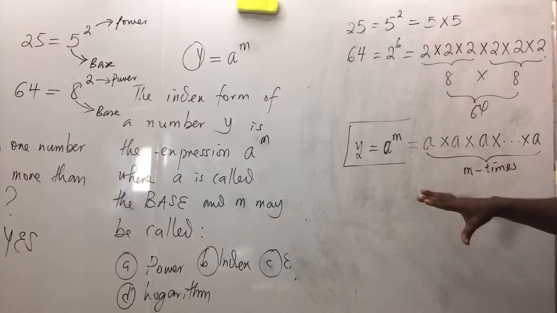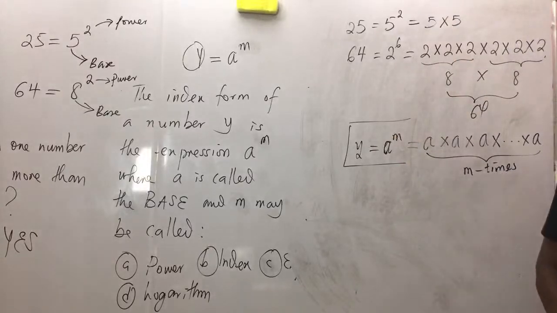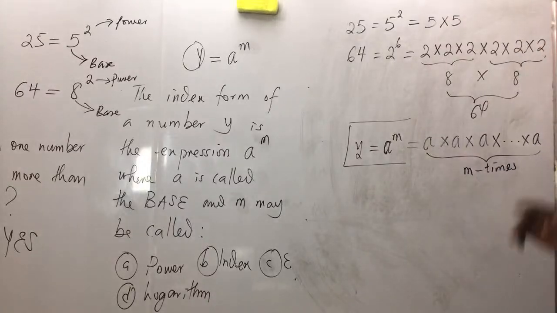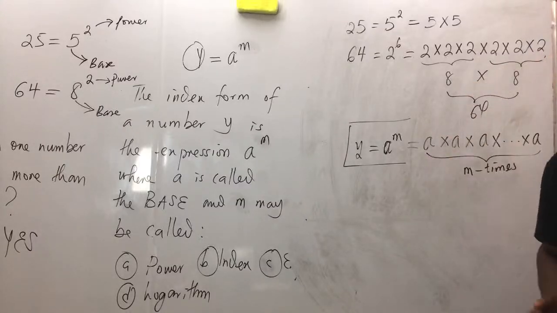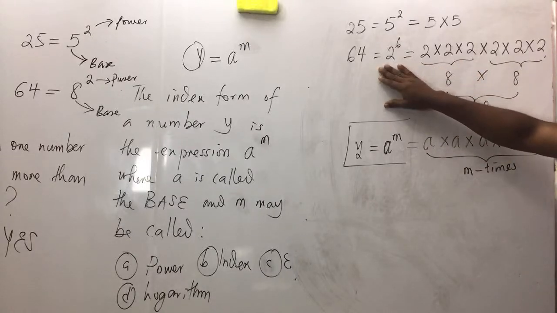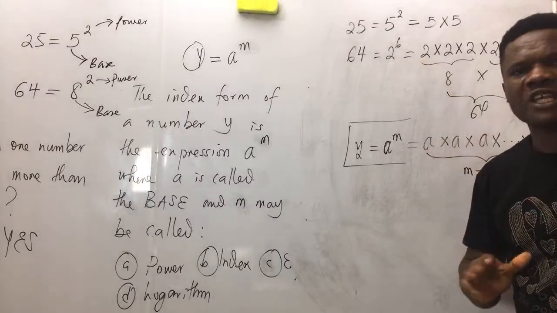So that being said, now that we have talked about the definition of indices, now that we have described the index form of a number, now that we've also talked about two key points on the index form of a number, being the uniqueness or non-uniqueness of the index form of a number and the expansion of index forms of numbers, let us now go into the laws of indices.